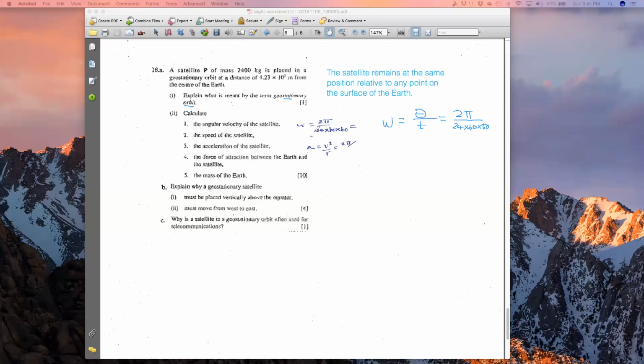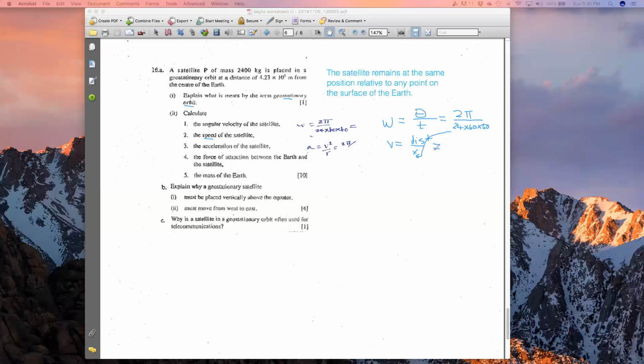That's 24 hours. All right? And that, when you work it out, will give you omega. The speed of the satellite, v, is equal to distance over that same time, 24 hours, this time from here.